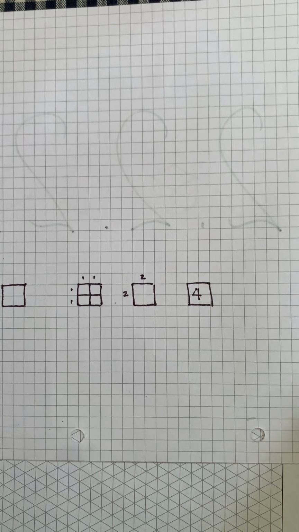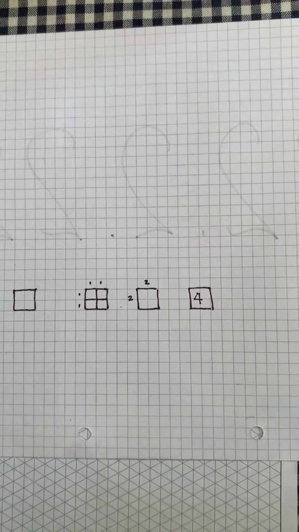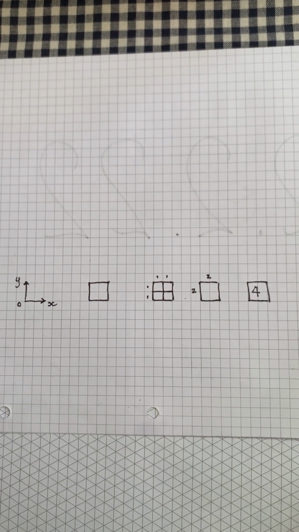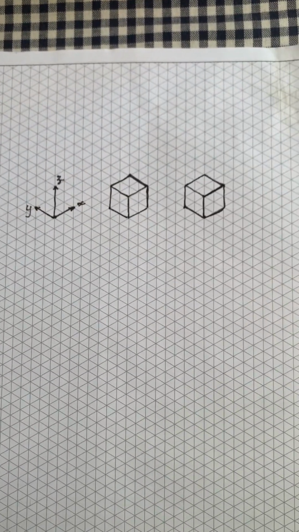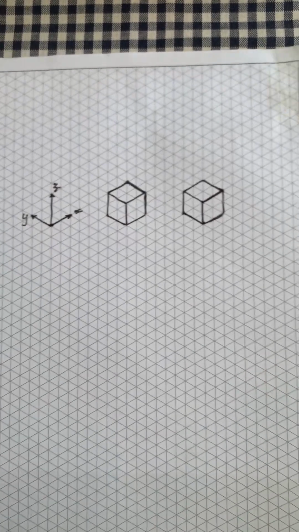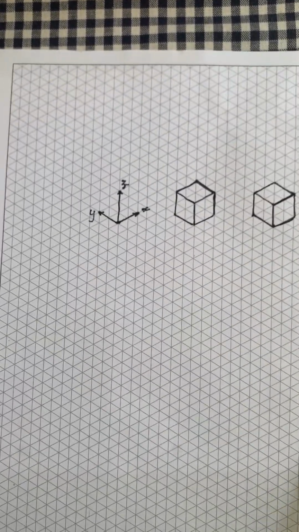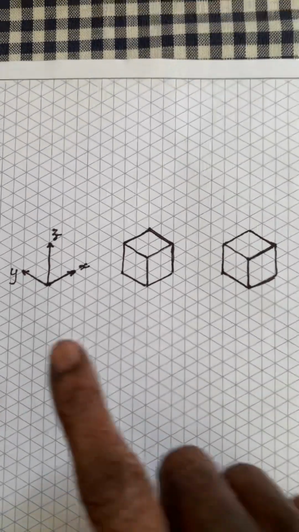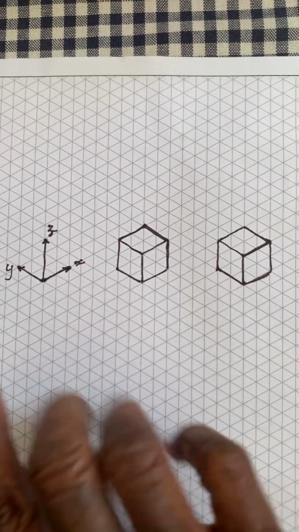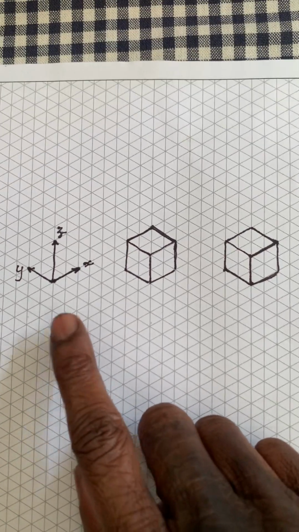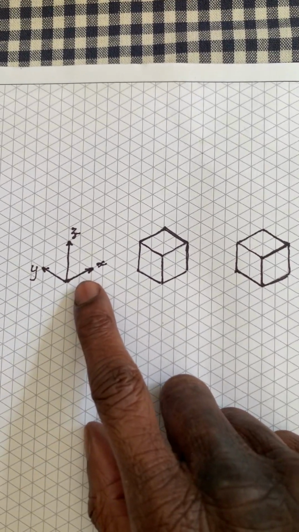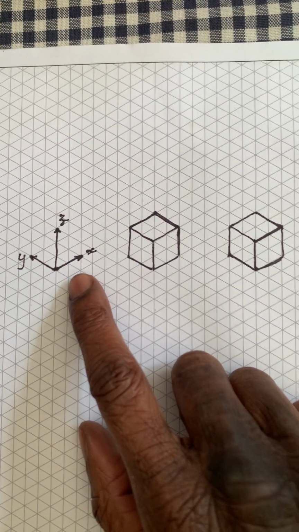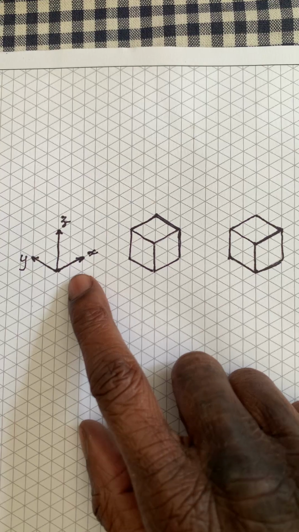When it comes to doing perspective, you're actually working on 3 planes. So I'm just going to go on to the next page here. And in this example, like I was saying before, on the plain isometric paper, I've used this in my engineering skills.